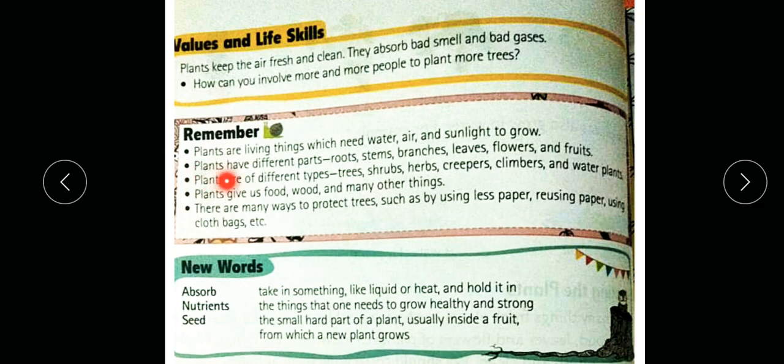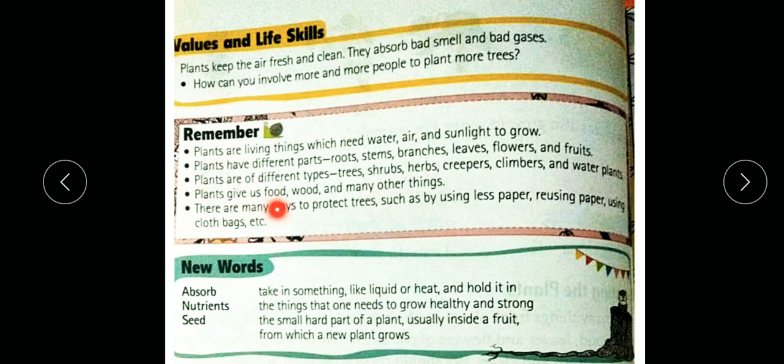Next point, plants have different parts like roots, stems, branches, leaves, flowers, and fruits. Plants are of different types. Here these are the parts of a plant, and these are the types of plants: trees, shrubs, herbs, creepers, climbers, and water plants.